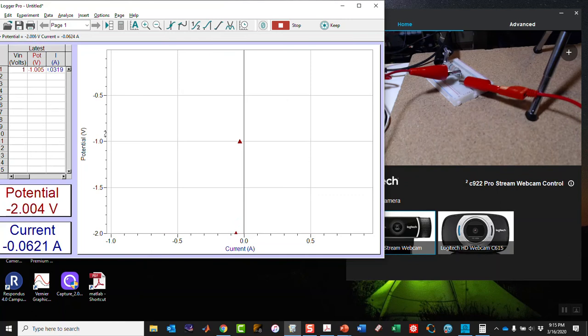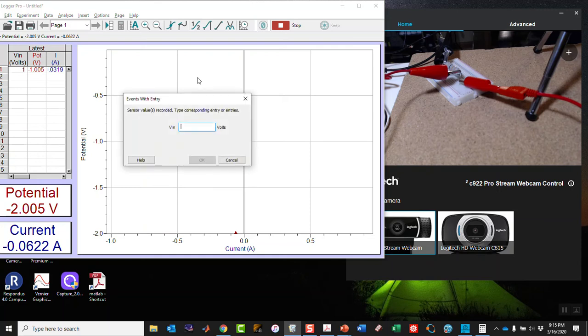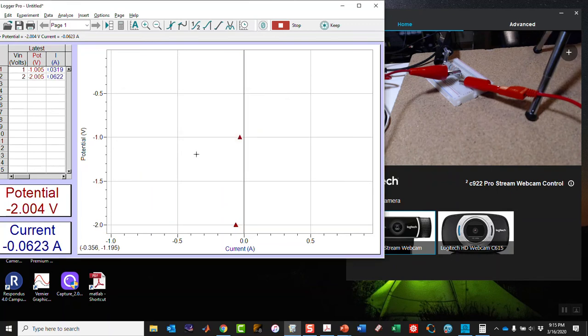Okay, there we are. Tap to keep. Okay, that's 2 volts. So I'll press 2.0. There we are. So that's the second data point.